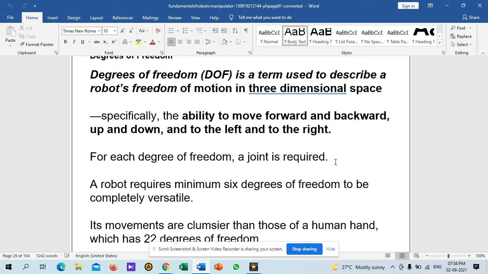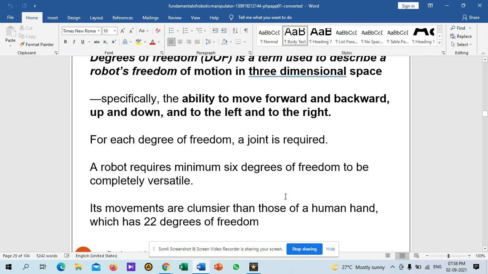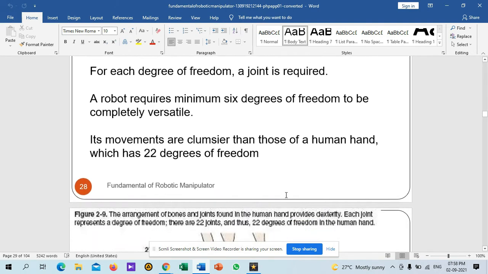A robot requires a minimum of 6 degrees of freedom to be completely versatile. So this is a very, very important point here. Its movements are clumsier than those of a human hand, which has 22 degrees of freedom, right?